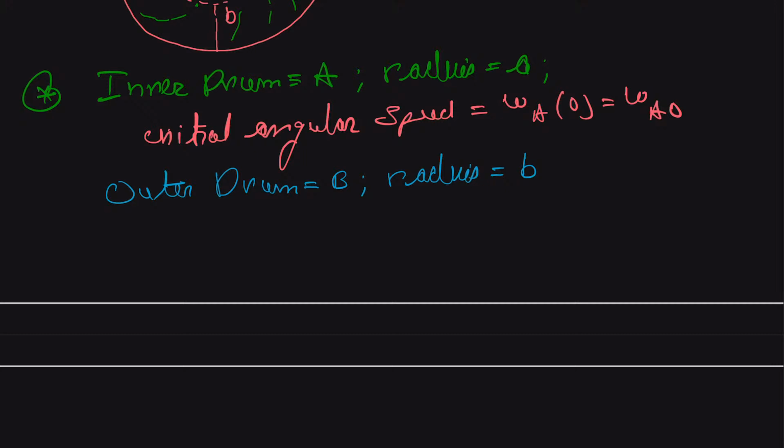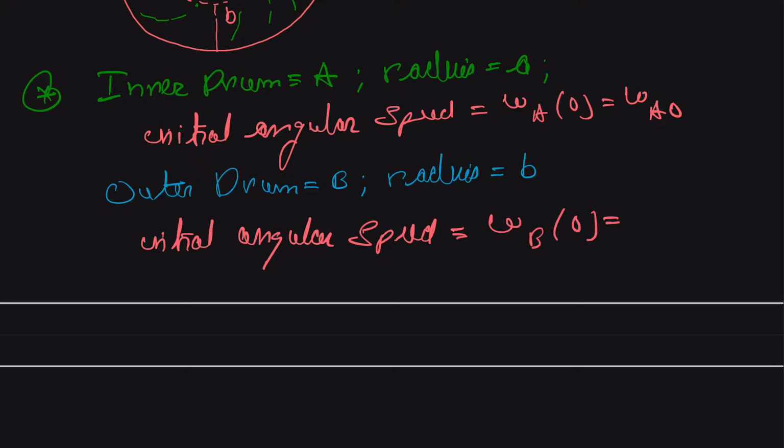So you can see its initial angular speed. Initially it is at rest, so we can say that omega B naught is equal to 0. So these two are their initial velocities.